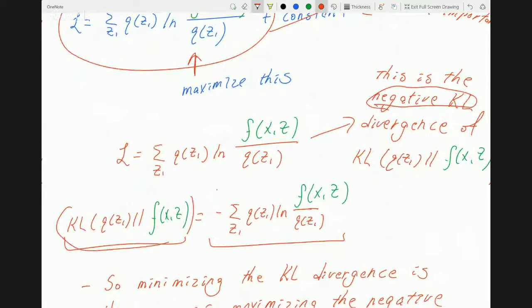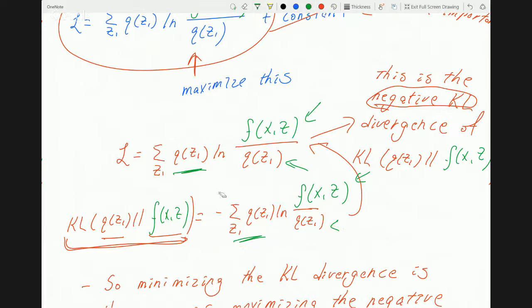This is the KL divergence. Notice how the KL divergence of QZ and FXZ is the negative of the lower bound. Take a second. See, over here is the same. Over here is the same. And over here is the same. So they're the same. The only difference is that this is negative.